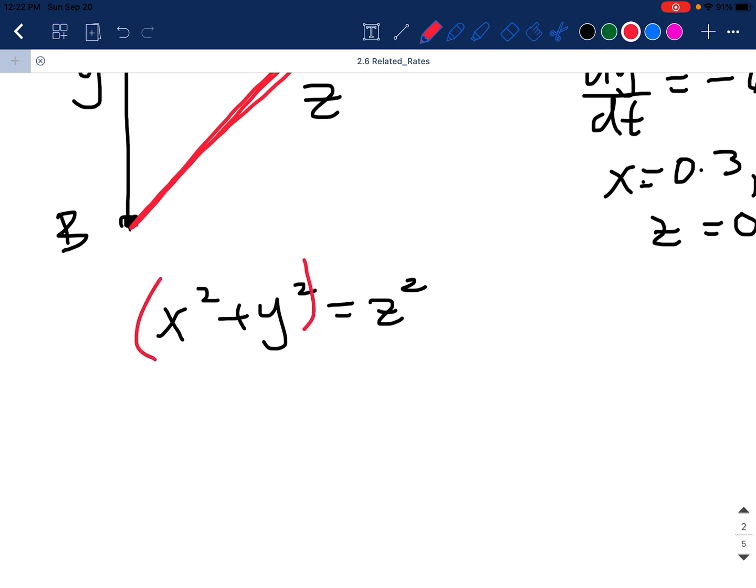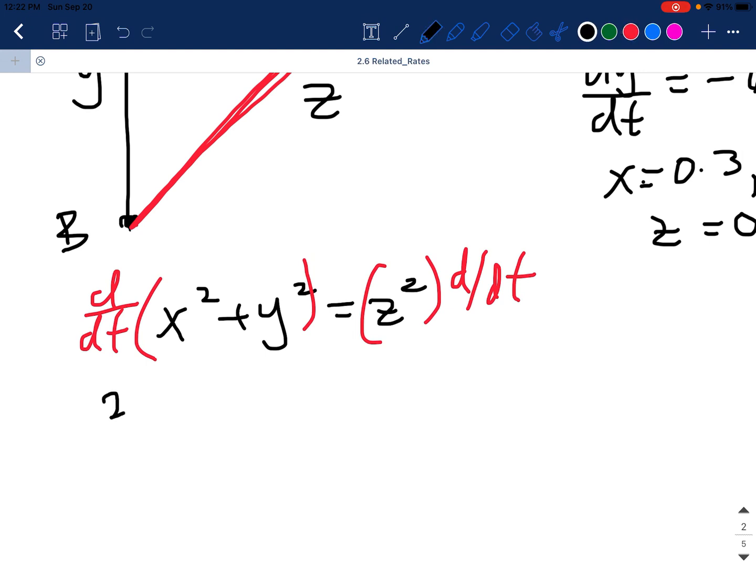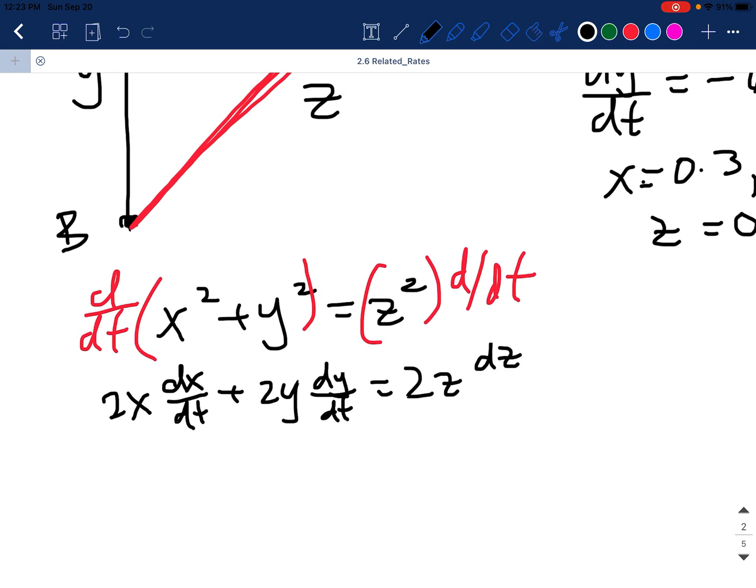So let's go ahead and differentiate with respect to time. So we have 2x dx dt plus 2y dy dt equals 2z dz dt. And we're interested in dz dt.